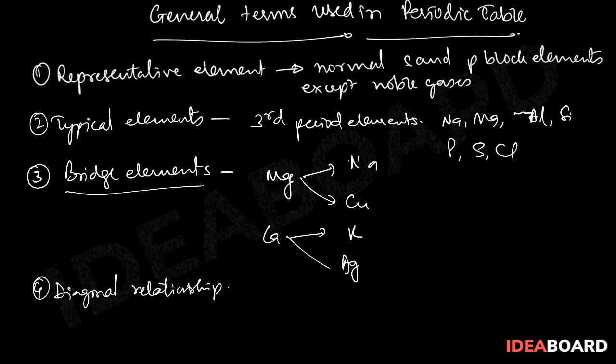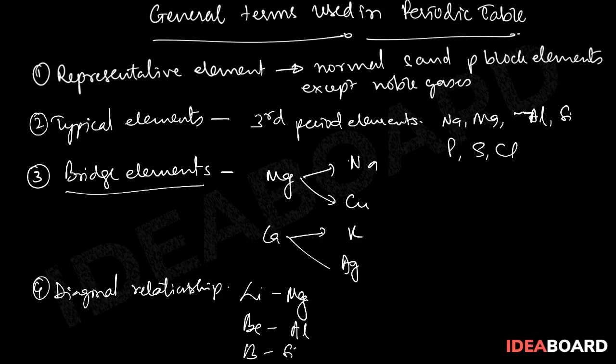The best example is lithium and magnesium. They are present diagonally in the periodic table. Lithium belongs to the second period and magnesium belongs to the third period, and they are located diagonally. So they show similarity in properties. Similarly, beryllium and aluminium, and boron and silicon.